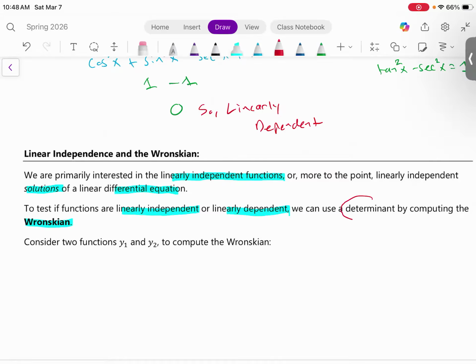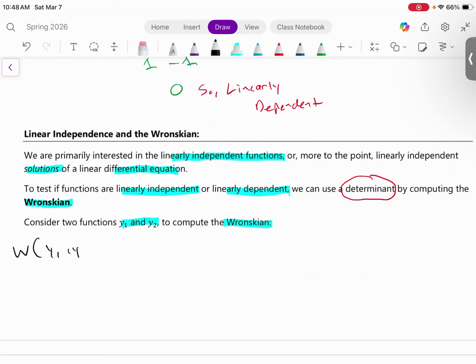So how does a Wronskian work? Let's look at this arbitrarily. Consider two functions, y1 and y2, and compute the Wronskian. We write W for Wronskian, and in parentheses the functions you're given, y1, y2, that you're trying to determine are linearly independent or not.